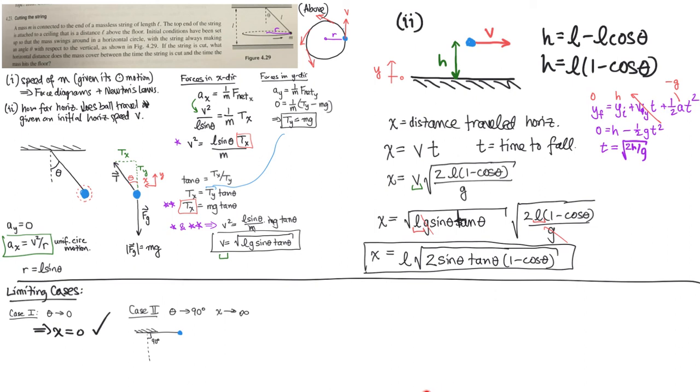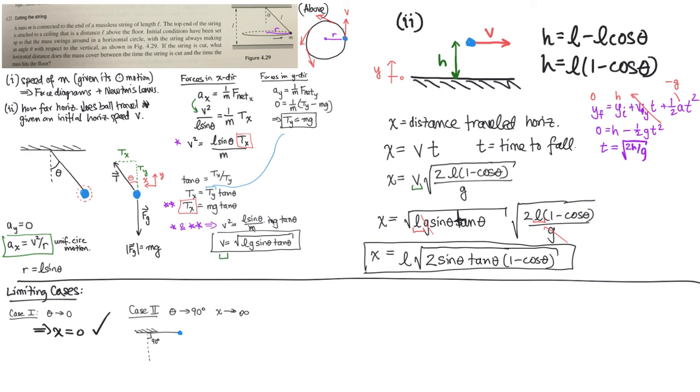Those are all good things, and you might be surprised to see that the answer for the horizontal distance traveled does not depend on g. Well, that's maybe a surprise. But maybe it's understandable, because if g is large, you have to have the ball travel faster and faster to reach a given angle.